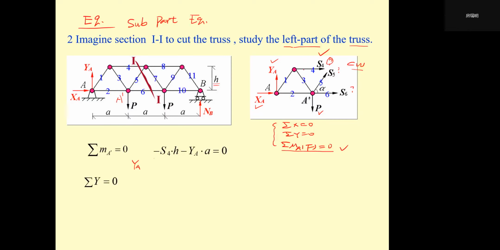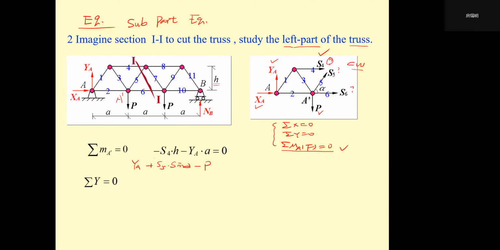If this angle is alpha, we will have S5 times cosine alpha. No, it will be along the x direction, so it should be sine alpha. So plus S5 times sine alpha, and minus P, because P is along the negative direction of y.